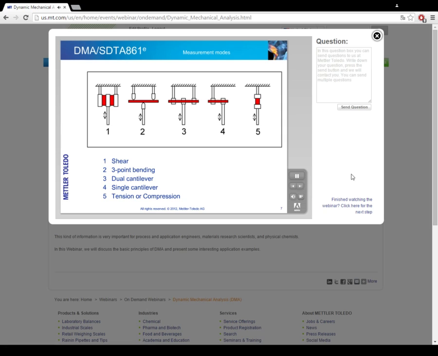Diagram 5 shows the tension measurement mode, which is excellent for thin bars, films, and fibers. Besides this, there is also the compression mode, which is particularly good for measuring foams. The shear mode measures the shear modulus, G. All the other modes measure Young's modulus, E.